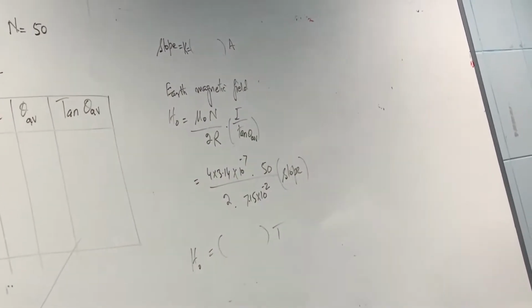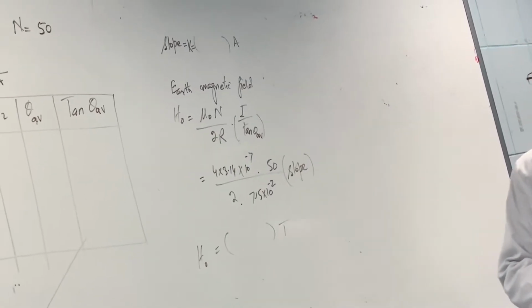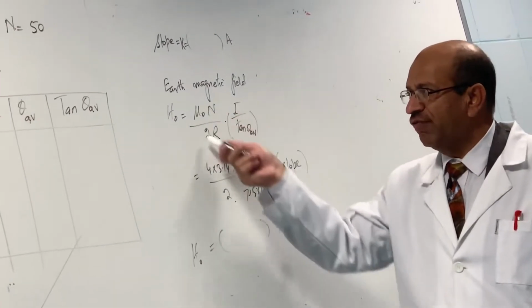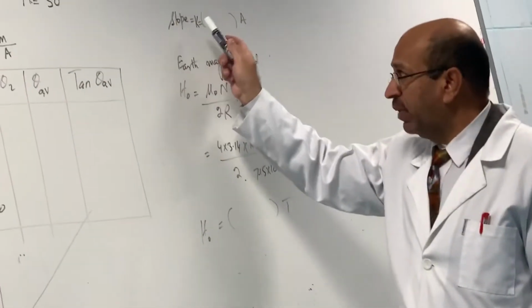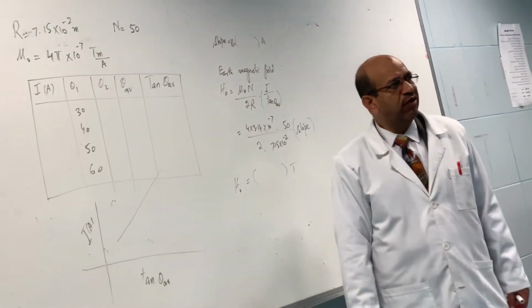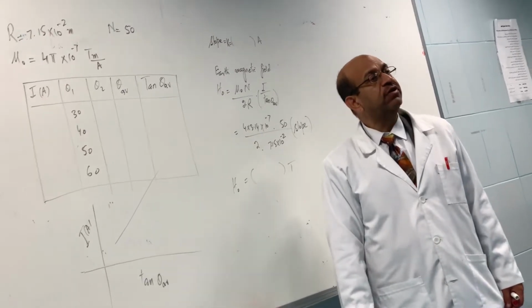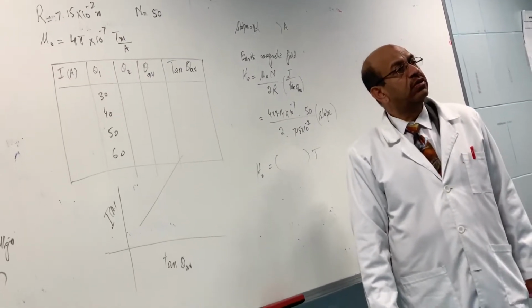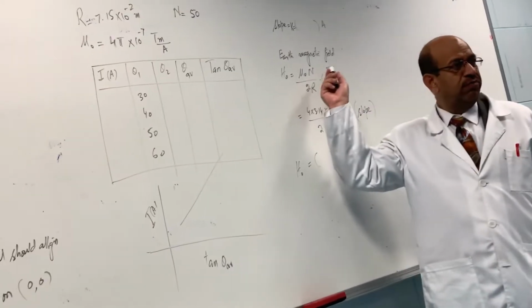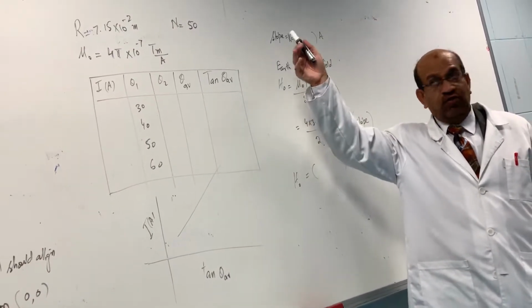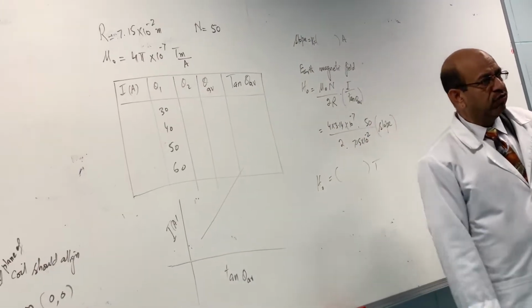Multiplied by the slope. I over tan theta, actually this is a formula. This is a slope and this is called constant of galvanometer. Sir, should we memorize the constants? No, formula you must memorize. Values must be given in the question.